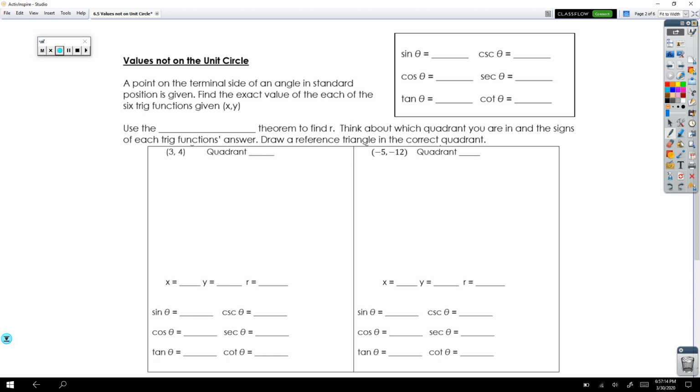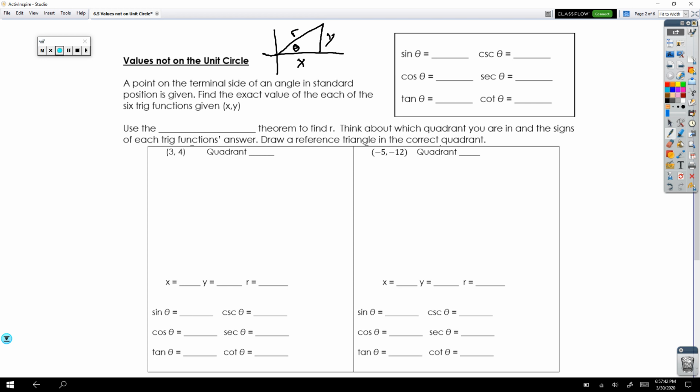So when we think about a triangle where r is not 1 anymore, we have my x distance, my y distance, and then my hypotenuse, which we're going to call r. So we have to start by identifying our trig functions in terms of x, y, and r. So sine, thinking back to geometry, is the opposite over the hypotenuse.